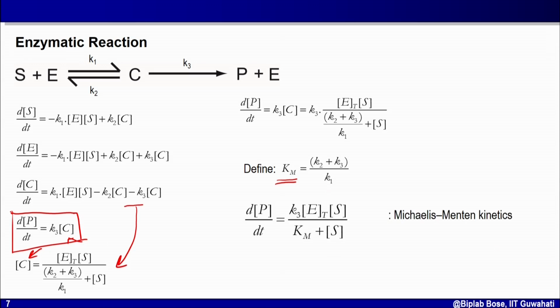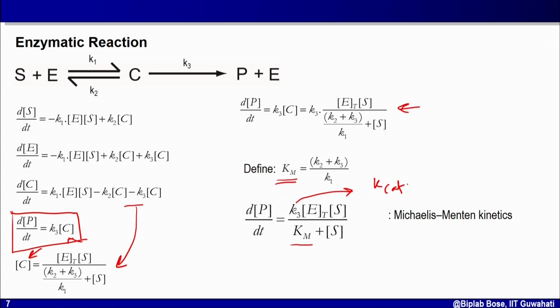Now I can rewrite this ODE. dP/dt is equal to K3 into ET into S, the concentration of substrate, in the numerator. ET is the total concentration of enzyme, divided by, in the denominator, Km plus S. Km is the Michaelis-Menten constant, and remember this K3 is sometimes called Kcat.